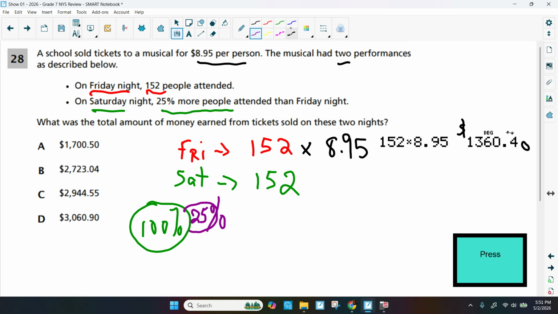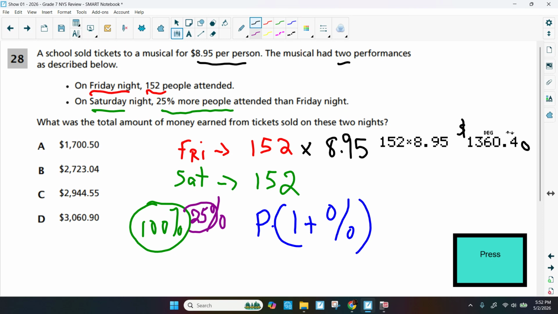Well, if you remember our formula about percent increase, the P times 1 plus percent.